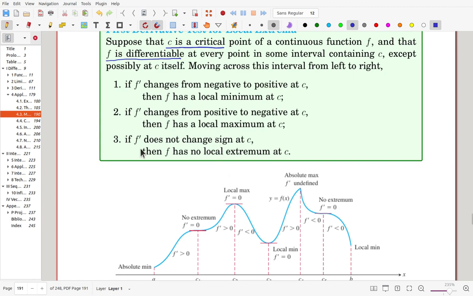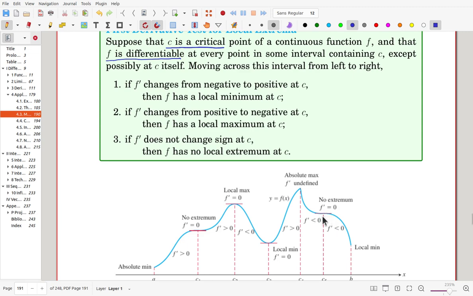If f prime does not change sign at the point, it can be a critical point, but sometimes it's not changing sign. Like this one, it goes down and again goes down, so f prime is negative, becomes 0 at a moment, and then is again negative.